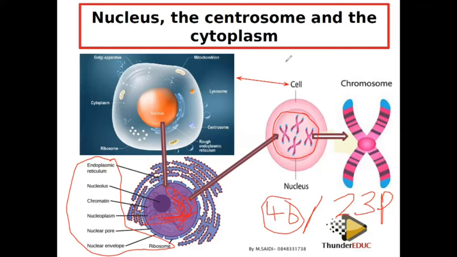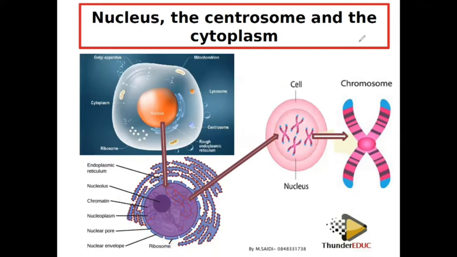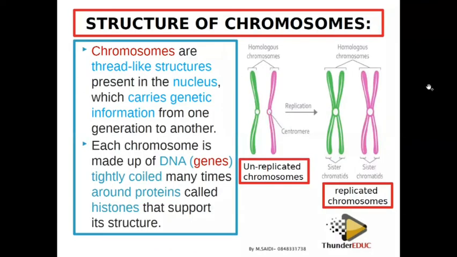Now, you need to be able to draw and label the structure of a chromosome, okay? You need to be able to draw and label the structure of the chromosome. Here is the chromosome, but kahle kahle sizosibona i-structure of a chromosome in the next slide, all right? Here is the next slide, okay?